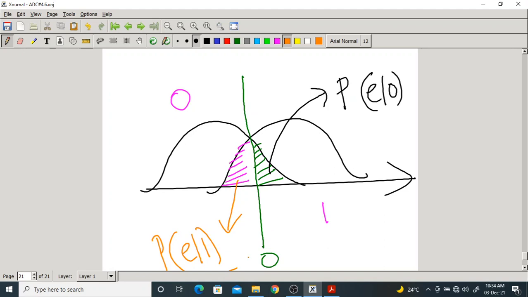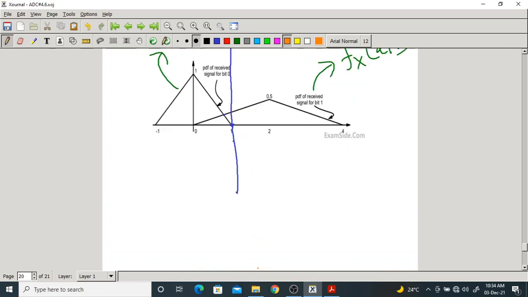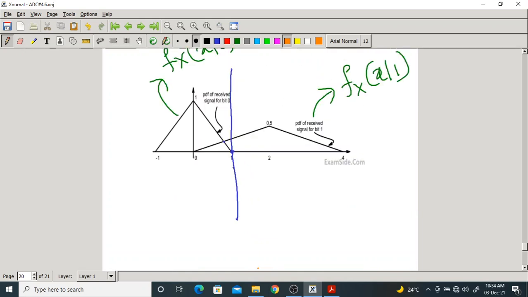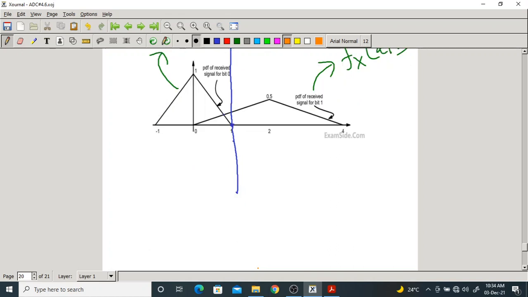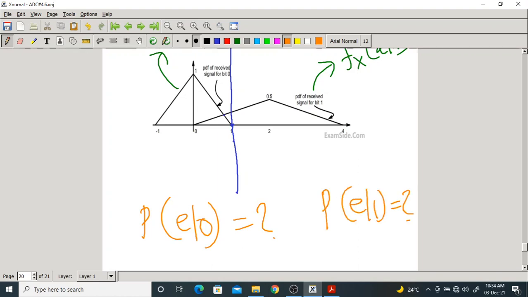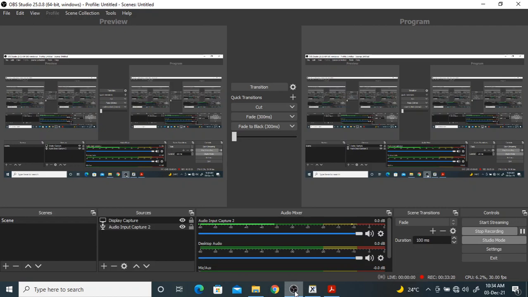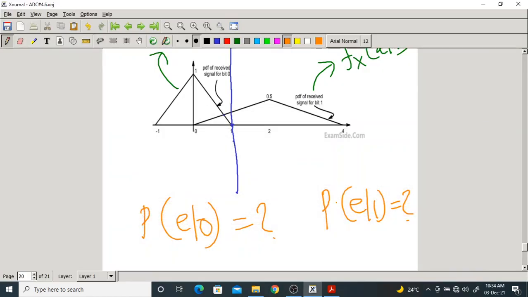Here the threshold happened to be 0, but in our problem, they gave that the threshold is 1. It's okay, we'll take that as it is. Now, tell me, two probabilities we have to find out. Probability of E given 0 is how much? Probability of E given 1 is how much? You find out.